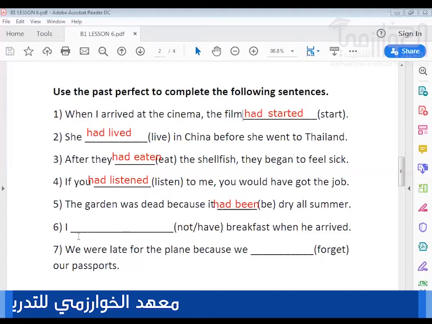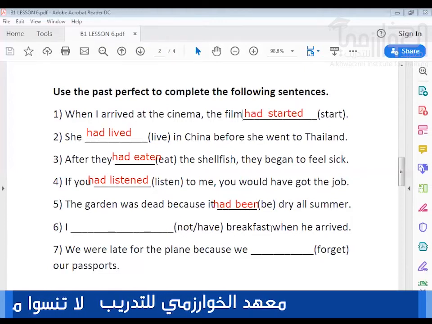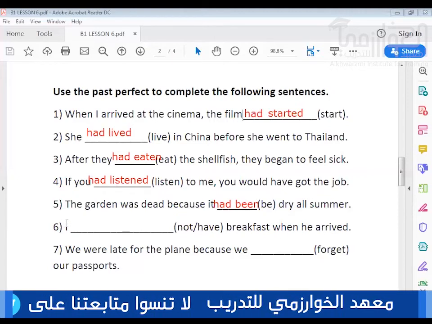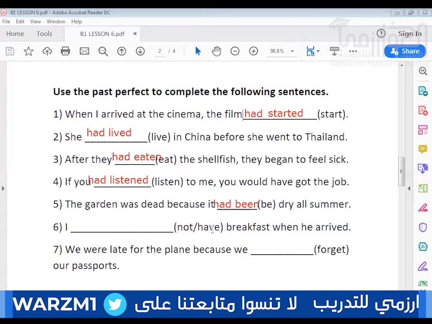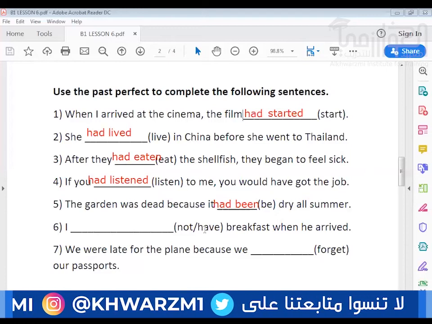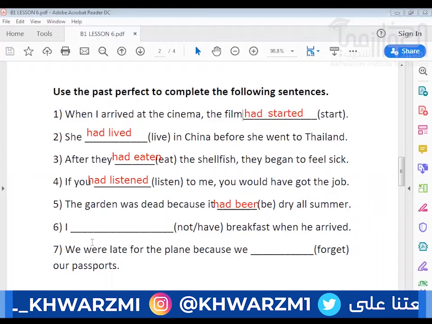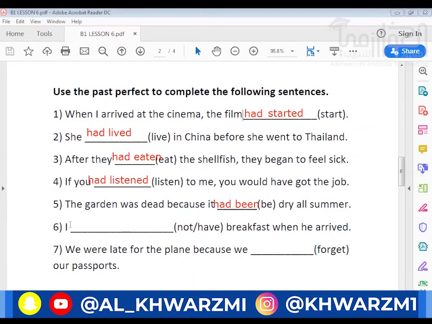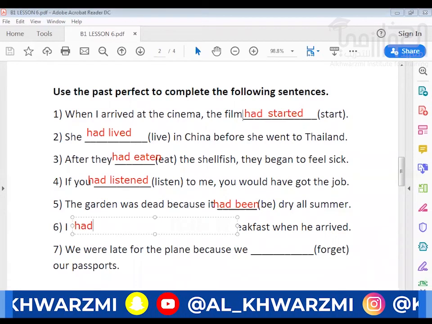So it had been dry all summer. Now, this is the negative: breakfast. We use the breakfast when he arrived. So we use had, and then verb 3 of have. So we use had what? Had. So I hadn't had, because it's negative.